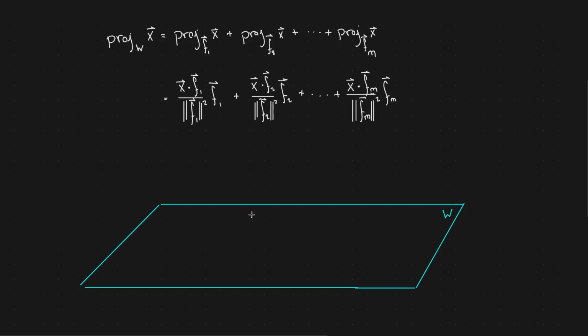We want the projection of some vector x, maybe this is vector x, onto subspace W. So what that would look like is something like this. This is the orthogonal projection of vector x onto subspace W.